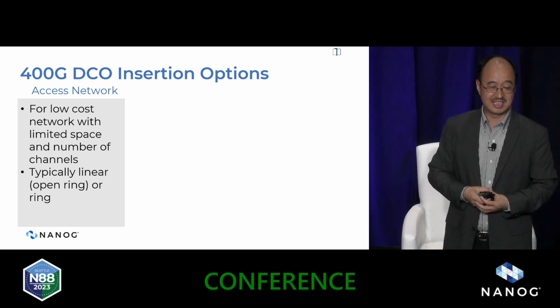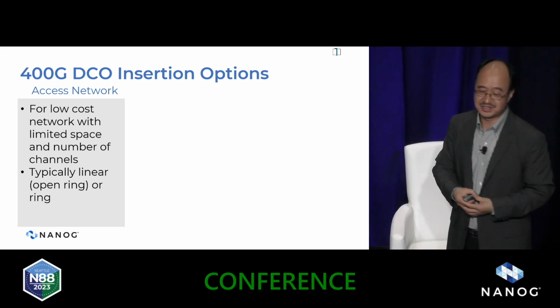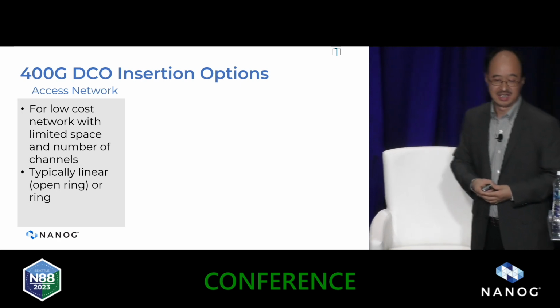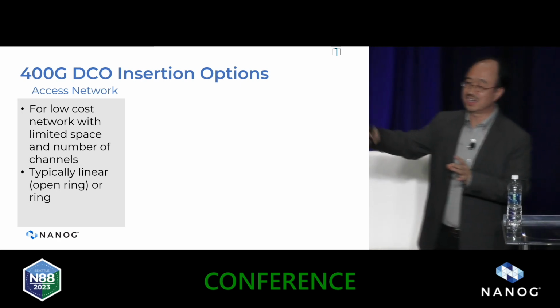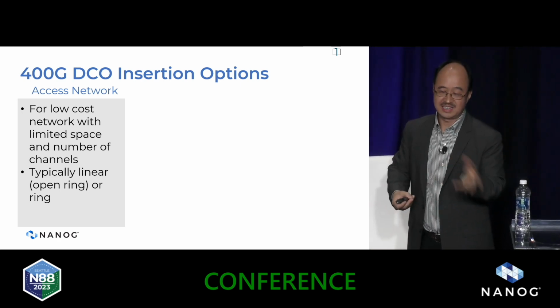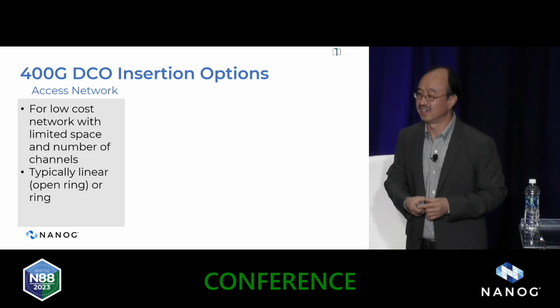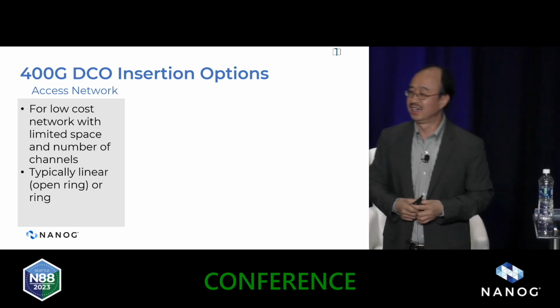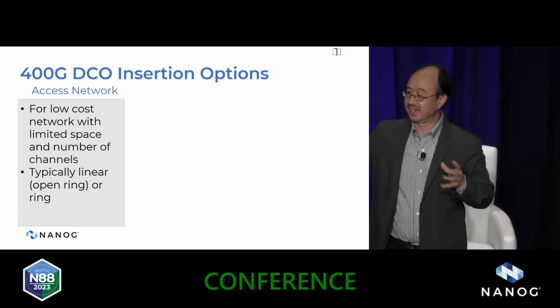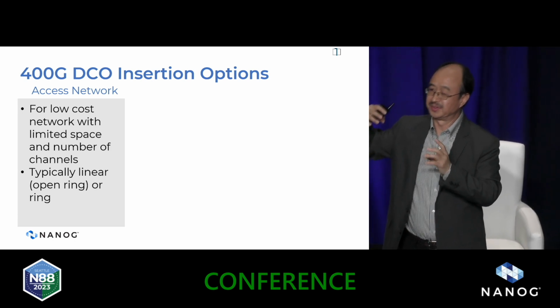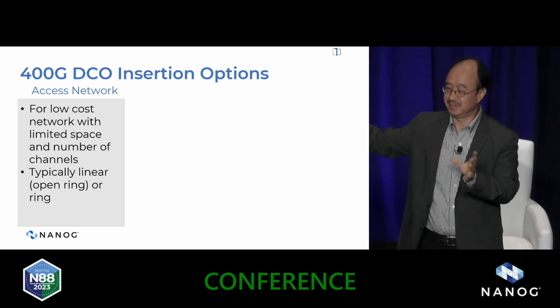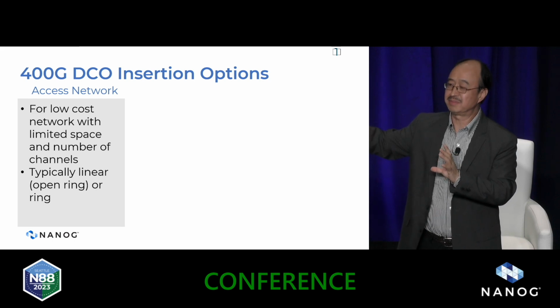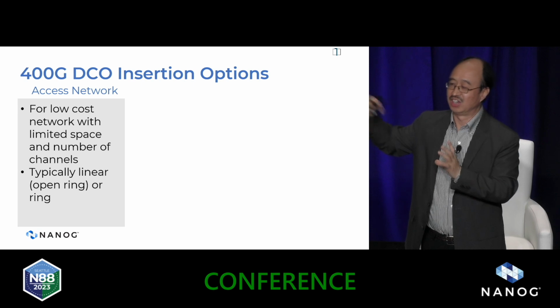Now let's look at the 400 gig DCO insertion options. There are multiple different options where you can insert into your network. Let's first look at the access network. The access network is typically characterized by limited space, limited power supply, and the cost.